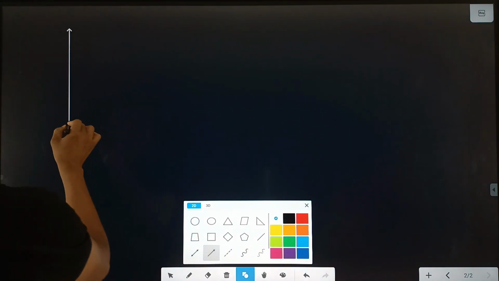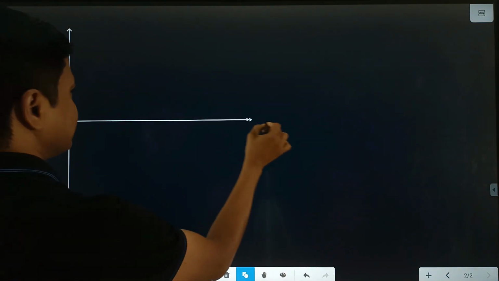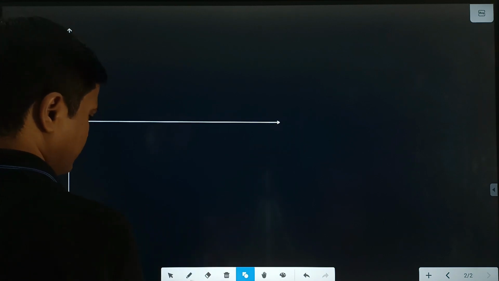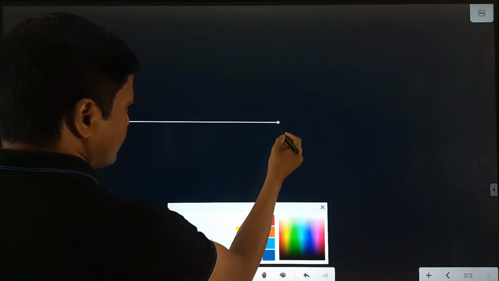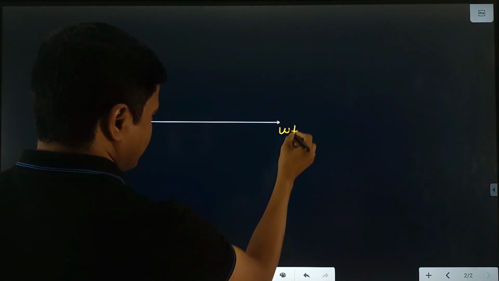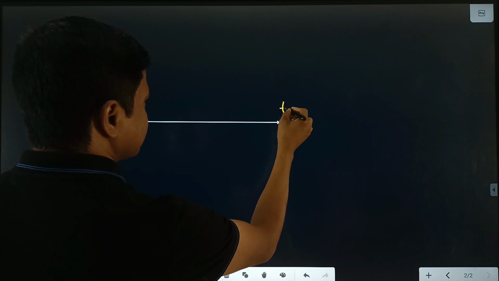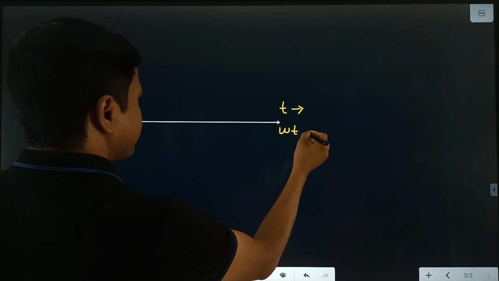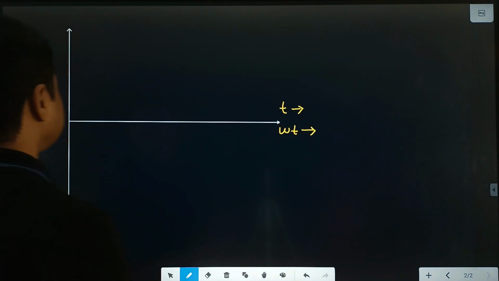Here you take two axes. This one is the x-axis, and in the x-axis we take omega t, or we also take time, t for time, and omega t is the phase.